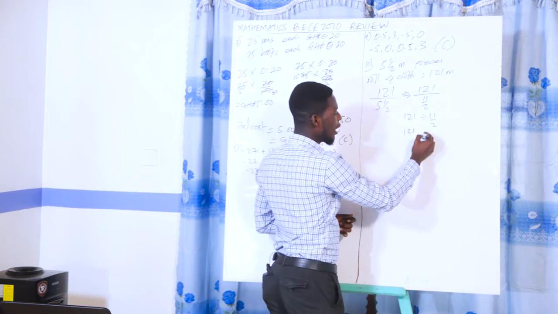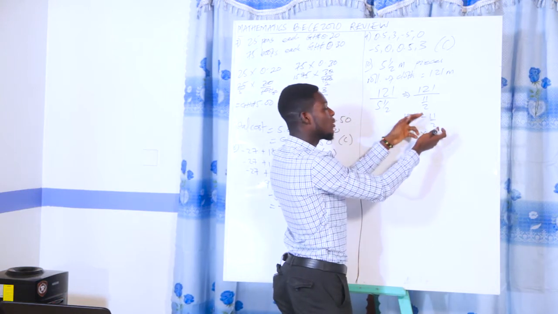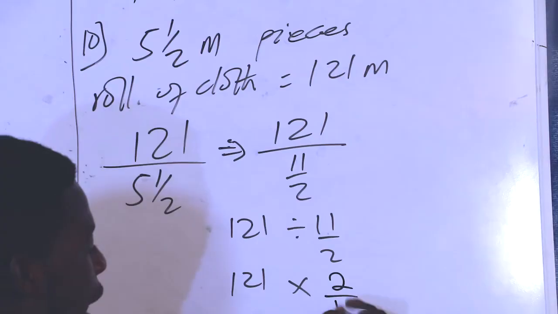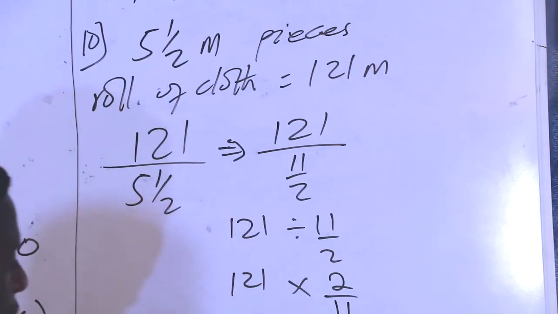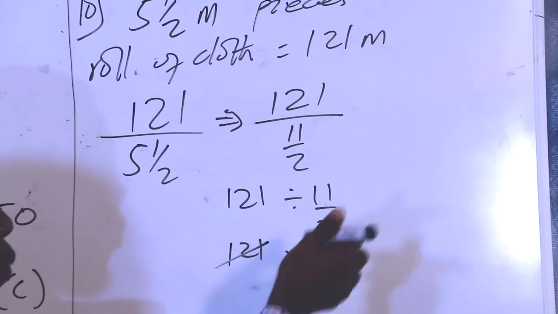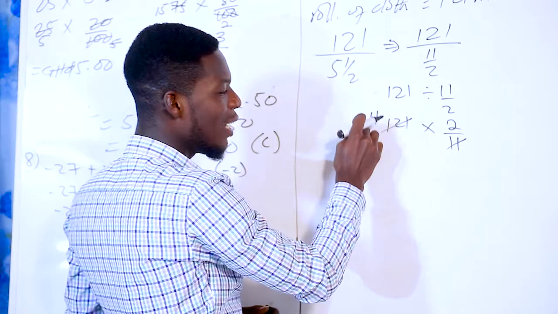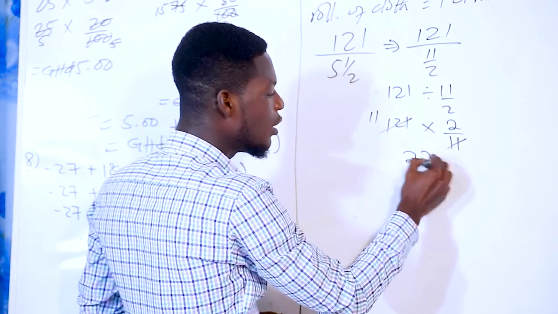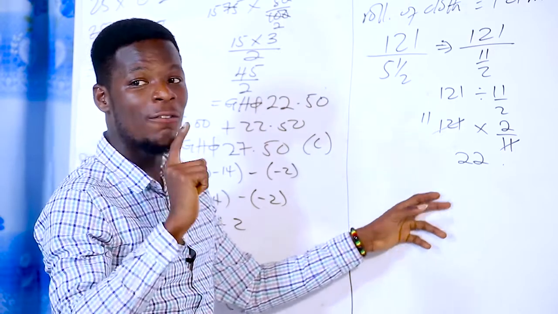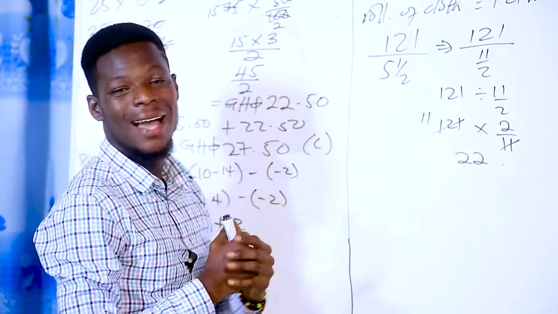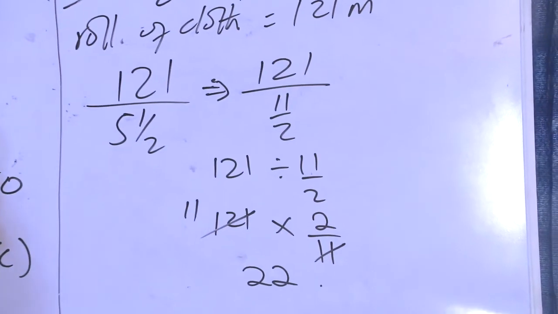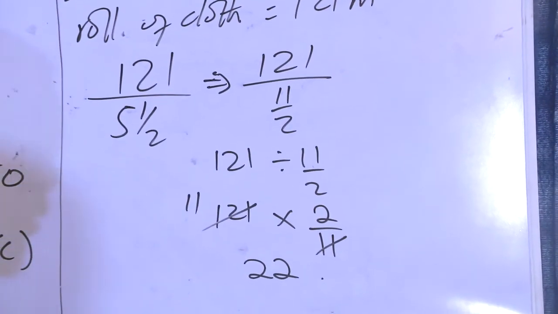So 121 times, reciprocation means you turn it upside down, so instead of 11 over 2, it becomes 2 over 11. And then you simplify. 11 will divide 121 11 times. So you have 11 times 2, giving you 22. Which means that we can have 22 pieces of equal length of 5.5 meters from the roll of cloth, which has a length of 121 meters.